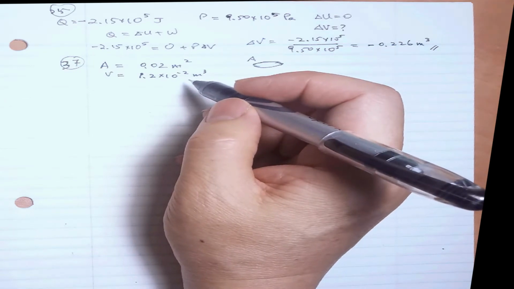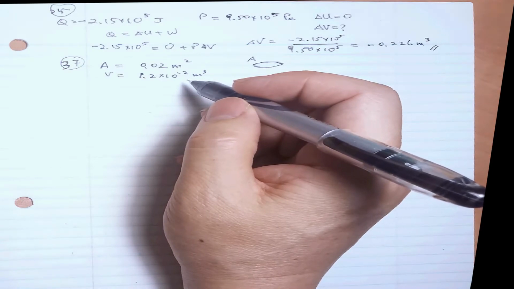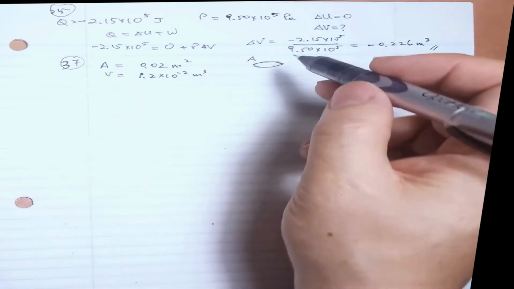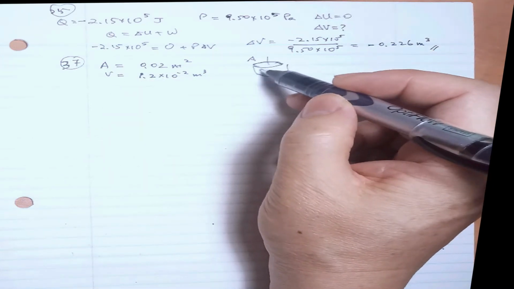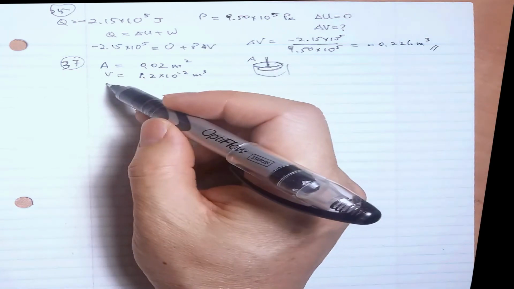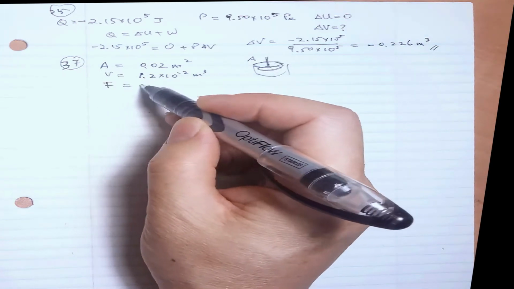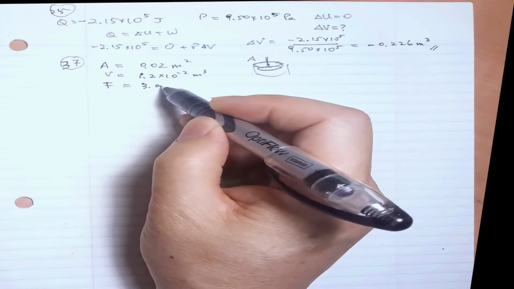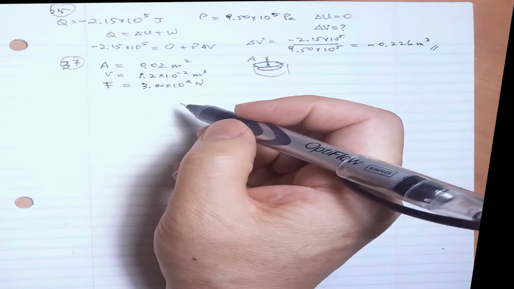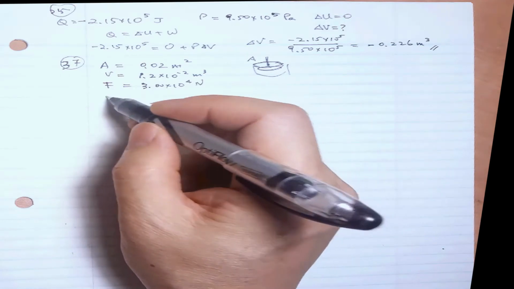The cylinder is equipped with a tightly fitting piston that supports a load. Okay, so there is a load on top of this piston, some sort of piston on top of the cylinder, and it has a load, which means a force of 3.00 times 10 to the 4th Newton, which means really a pressure, right?